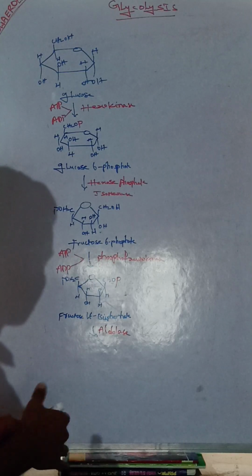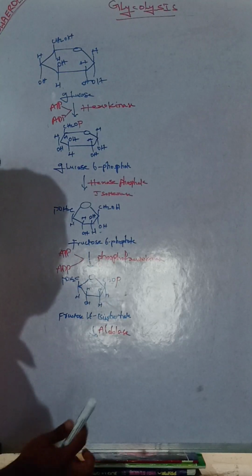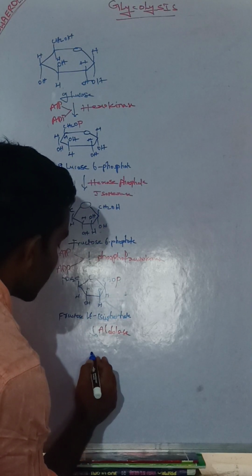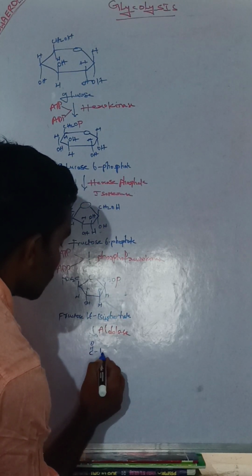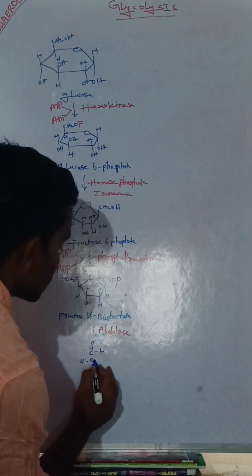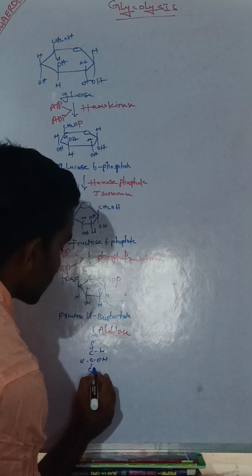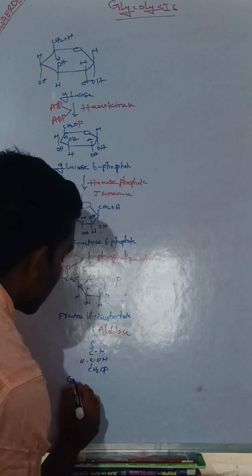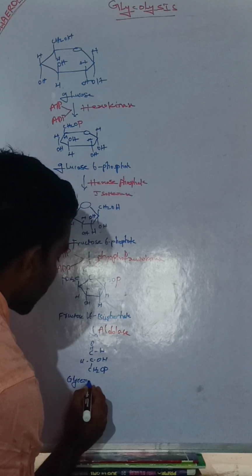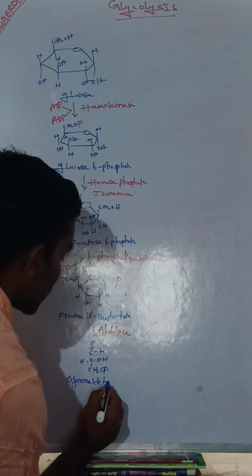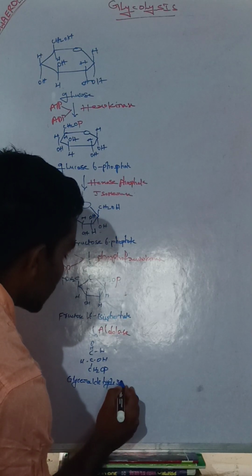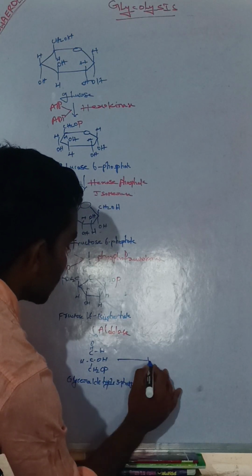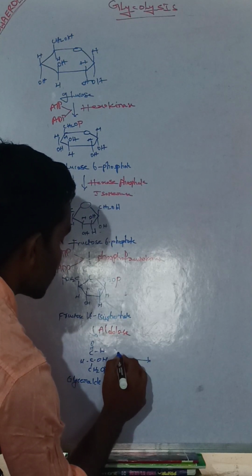You have to see here. In the presence of aldolase, glyceraldehyde 3-phosphate. The aldehyde means there should be an aldehyde group, CHOH. Glyceraldehyde 3-phosphate, this is one molecule it has given. Then triose phosphate isomerase, what is the enzyme?